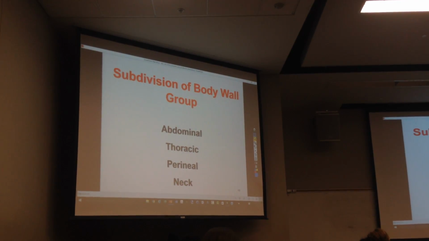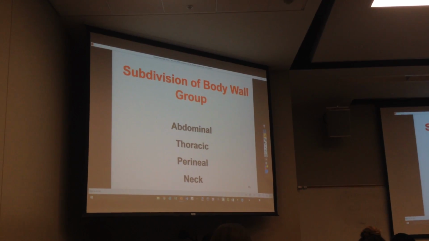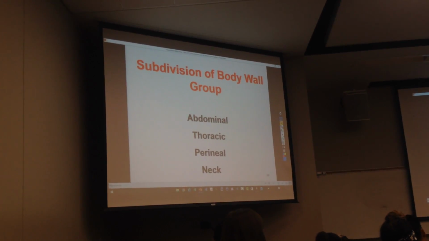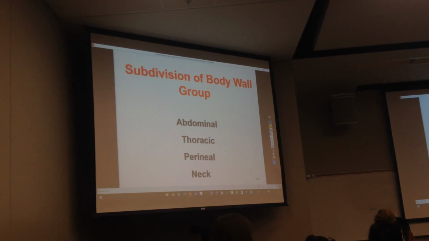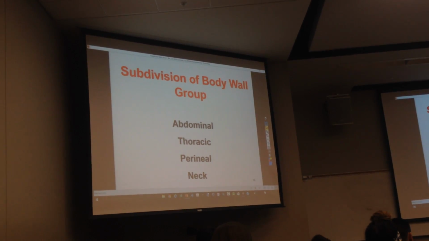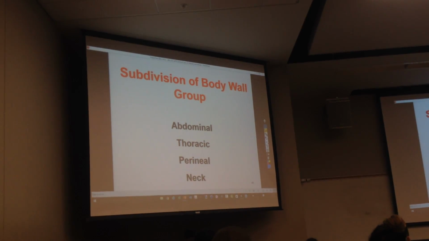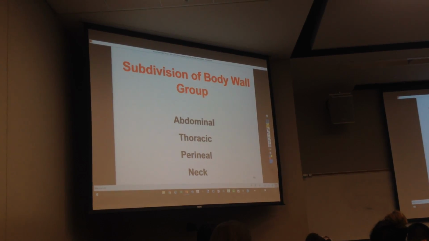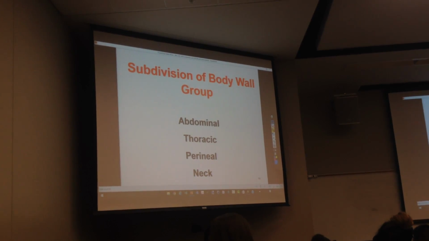Now, when we divide up the body wall group, there's a problem, because it looks like there are 4 things, 4 categories inside the body wall grouping. However, there's actually a natural grouping of 3. I'm going to show you what the grouping is, and you can tell me.